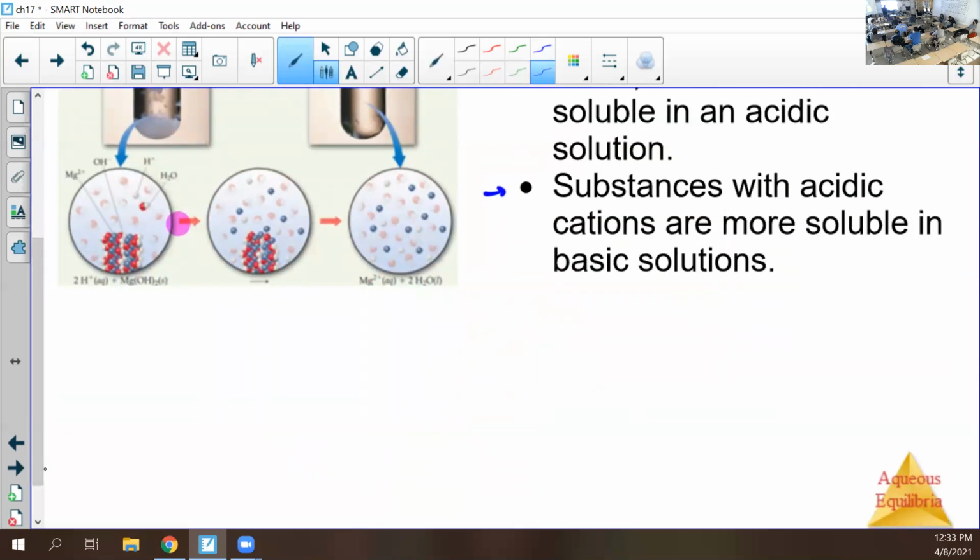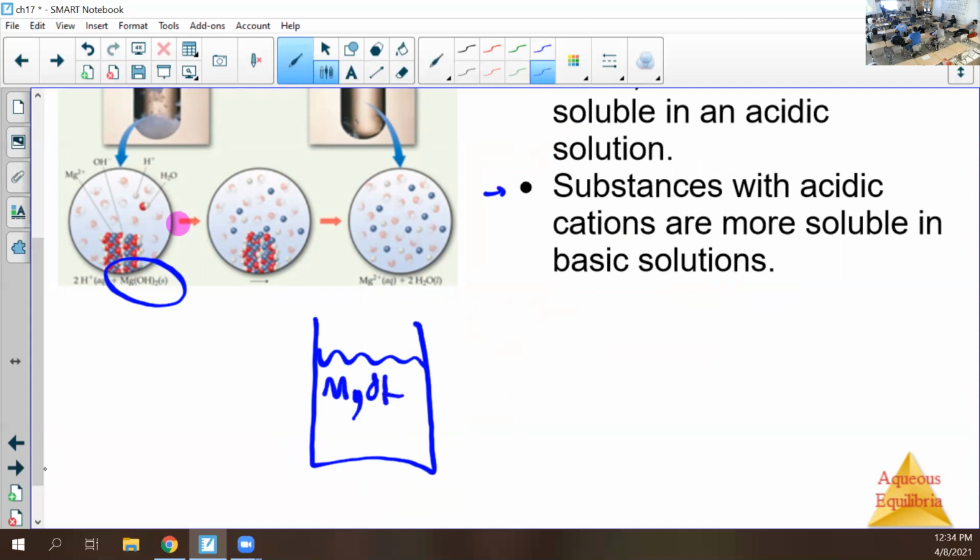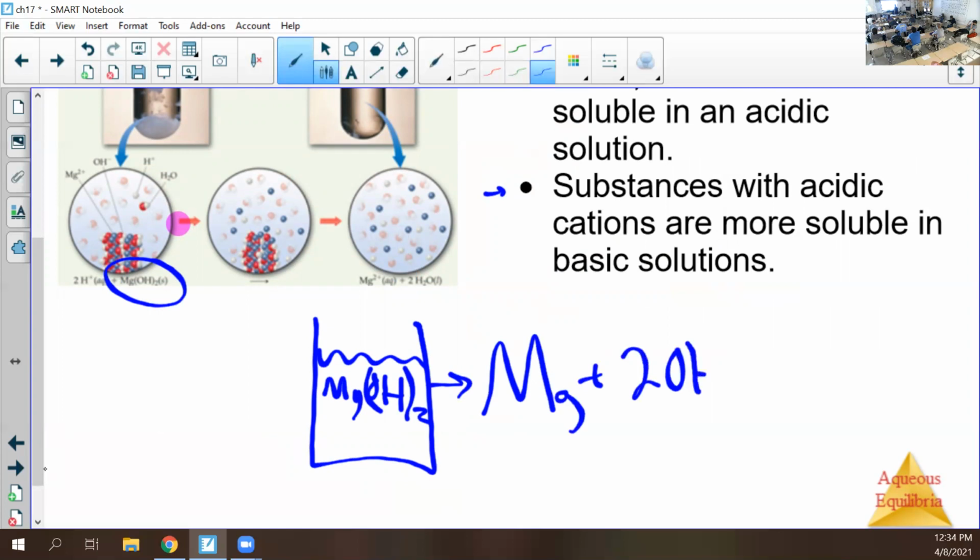So if I don't know, they have magnesium hydroxide. It's really hard to see, but inside here is magnesium hydroxide. And it will dissociate. Just gonna put an arrow like this, you all right with that? 2OH minus.